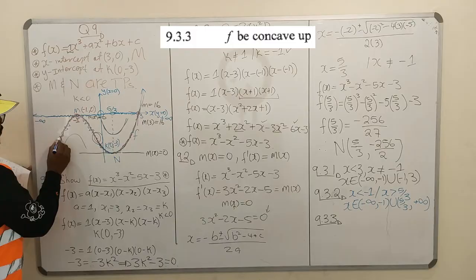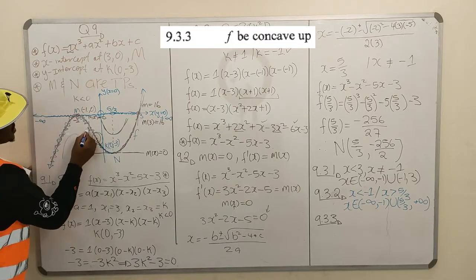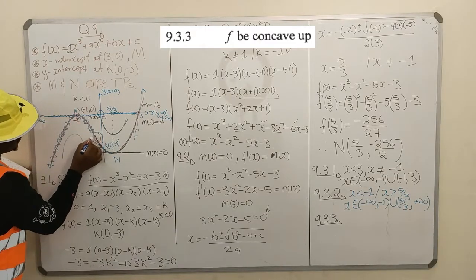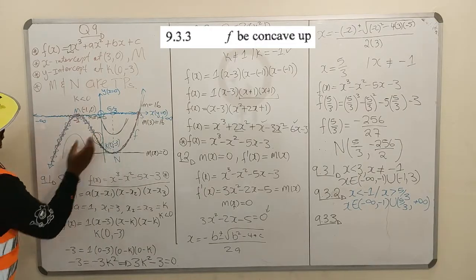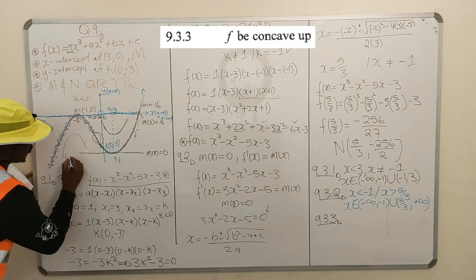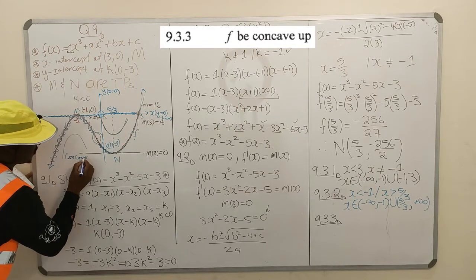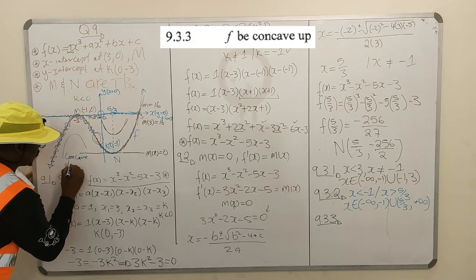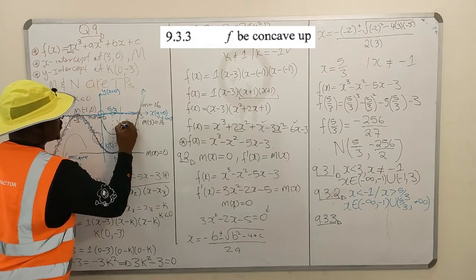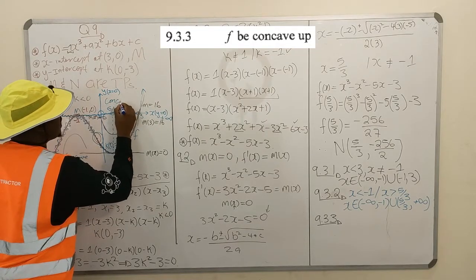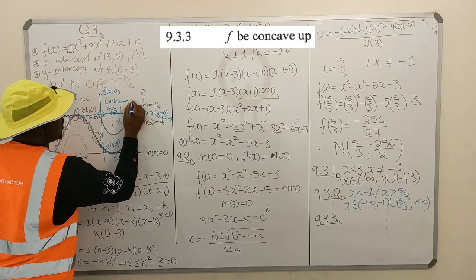So somewhere here, this graph changed from being concave down to being concave up. So this is concave down, and this one here is concave up.